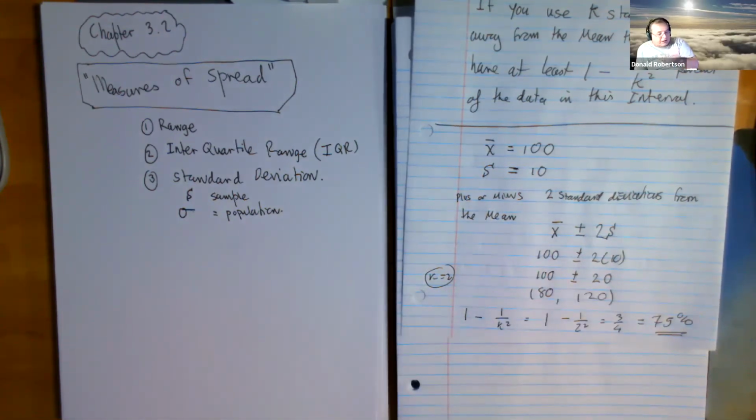So you could say, look, at least 75% of Americans are going to be in that range. It's quite an interesting property because what it is saying is that you only really need to know the mean and standard deviation. And from just that, you can have a fairly good guesstimate of how much data is in any given range.